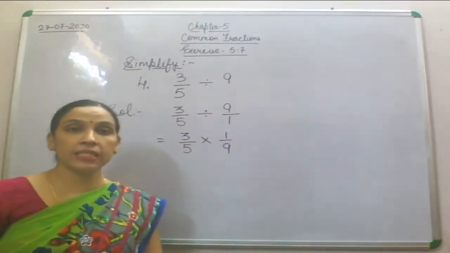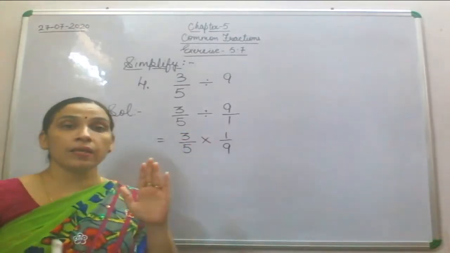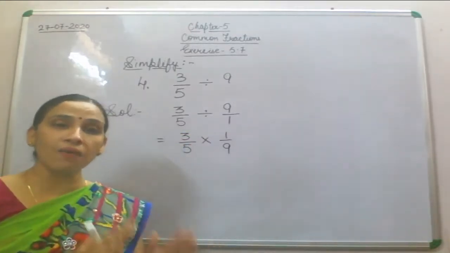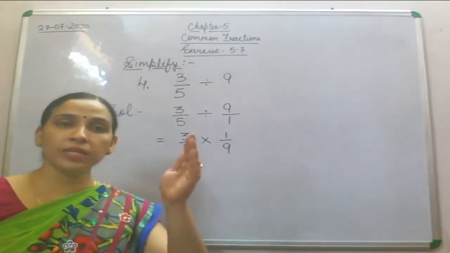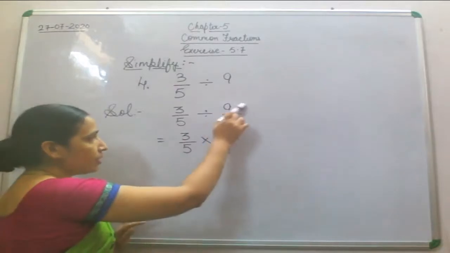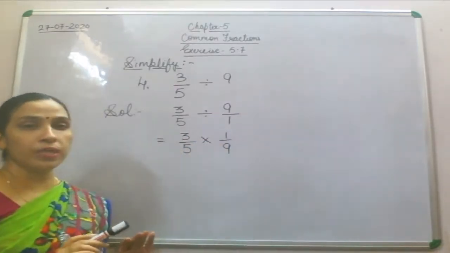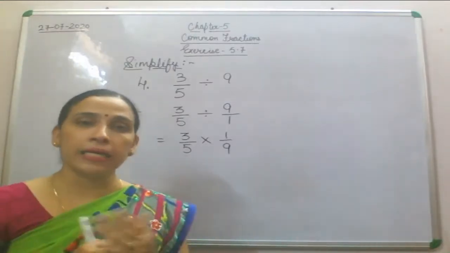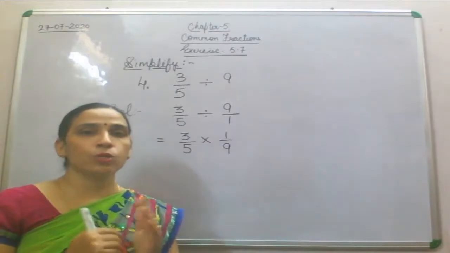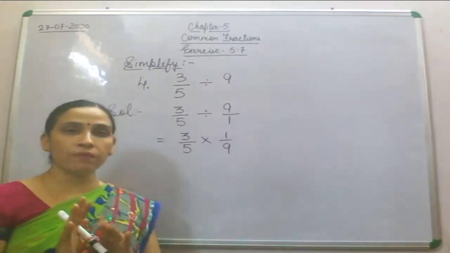Whenever we change the division symbol into multiplication, the fraction which is there after division will become opposite. The numerator will come into the denominator and the denominator will come into the numerator. Like 9 by 1 was there, so that will become 1 by 9. So like this you have to do it.